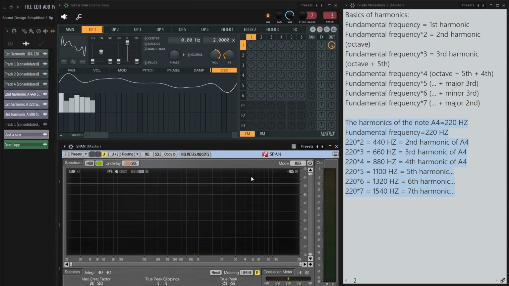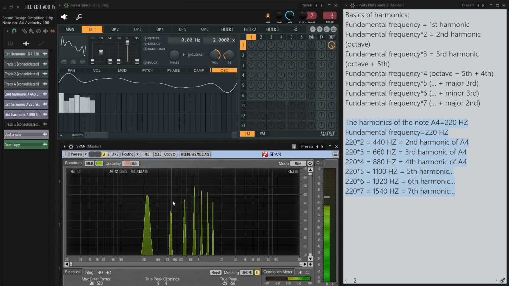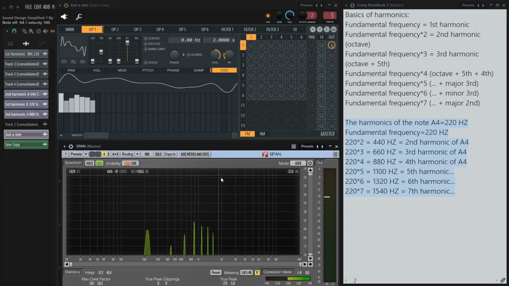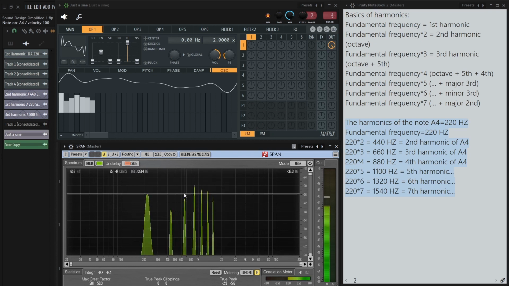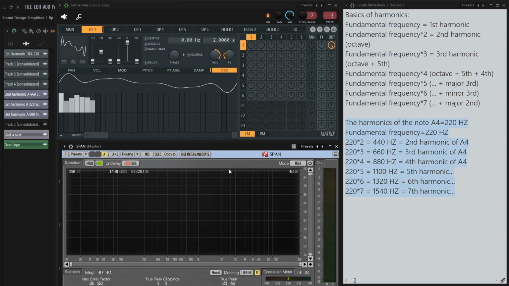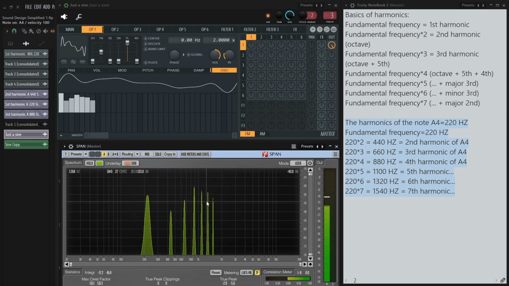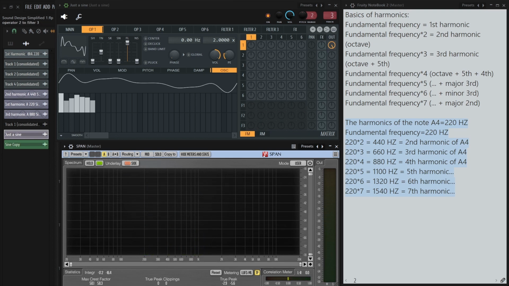So first harmonic is 220, second one's 440, third one's 660, and so on. I'm looking at this little section over here, by the way. Yep, 880 and so on.